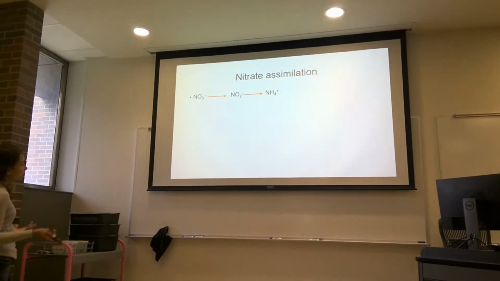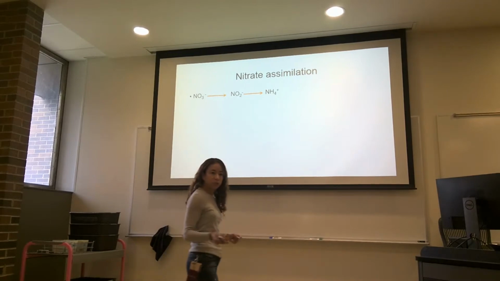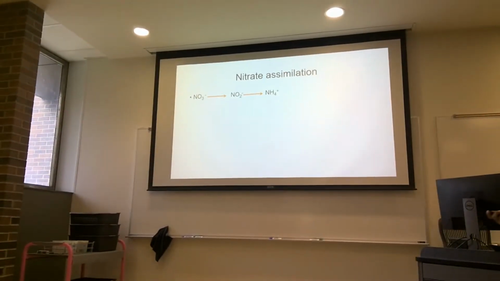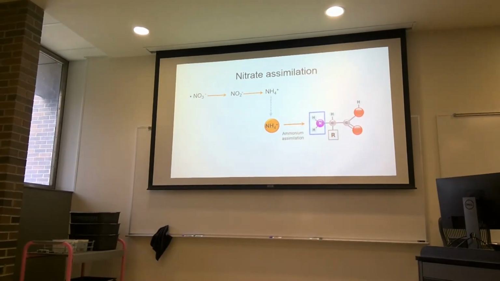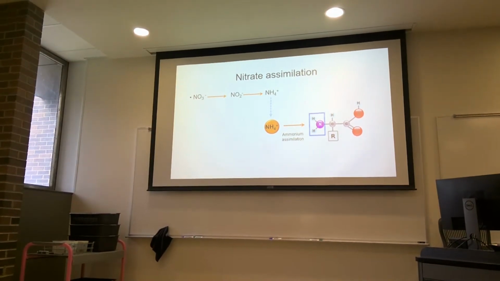You uptake nitrate from the soil, and then you reduce it to ammonium to incorporate it as part of all the other organic compounds in the plant. So it's divided into parts. First, nitrate is converted into ammonium. And then, as we're going to talk about later on Monday, ammonium is assimilated into amino acids.